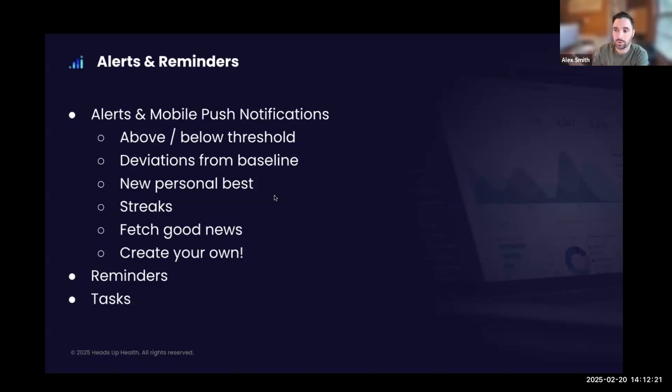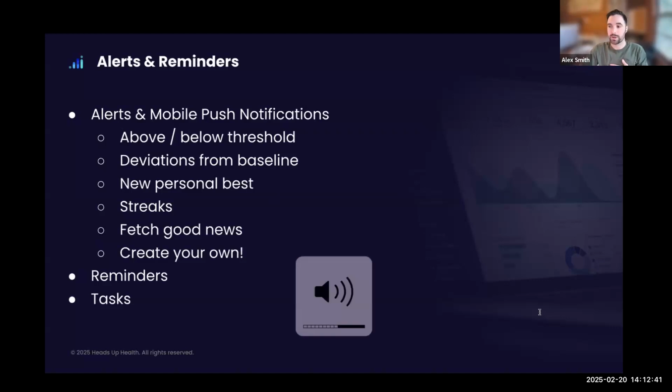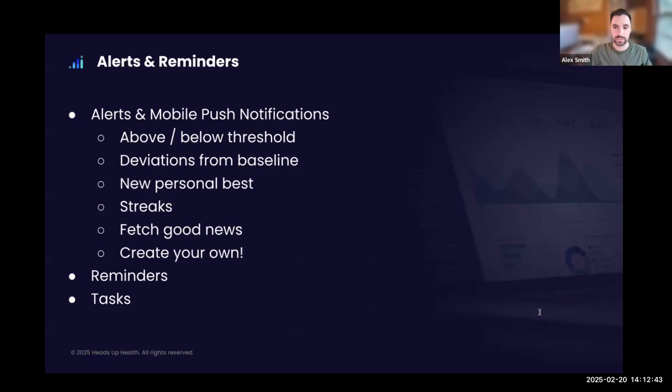Then when we're getting a little more advanced, we're looking at metrics that are a little more personal to the individual. And that's where we start calculating baselines. So baseline period alerts are typically used with more personalized metrics, like your resting heart rate, for example. Everybody might have a different goal and a different baseline there.